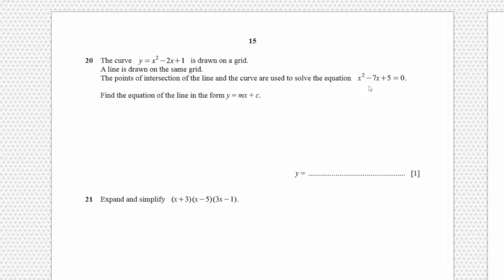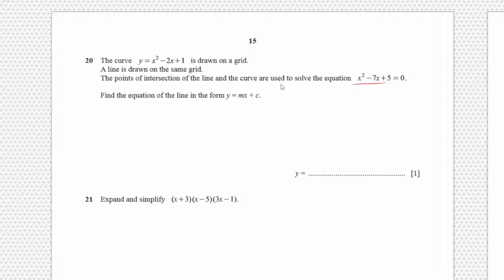Essentially, this equation is derived from the intersection of that point and this one, when the curve equaled the new line that was drawn. When that happened, we came to this solution.